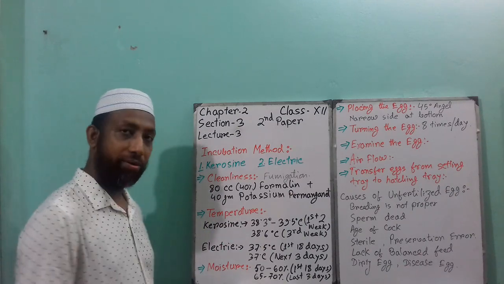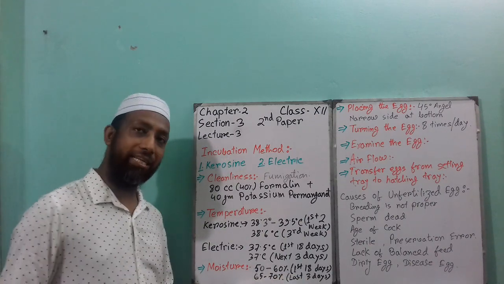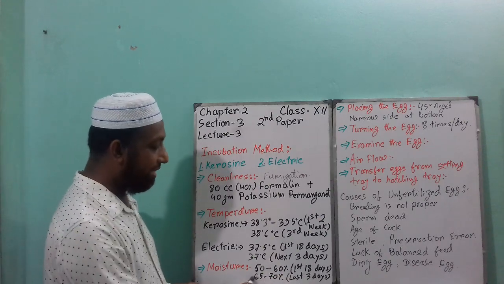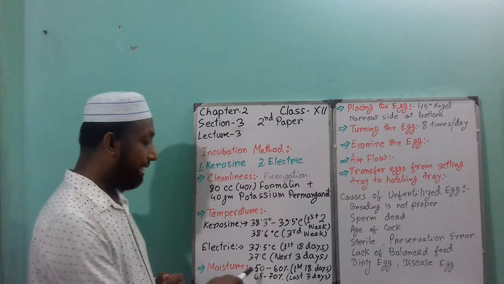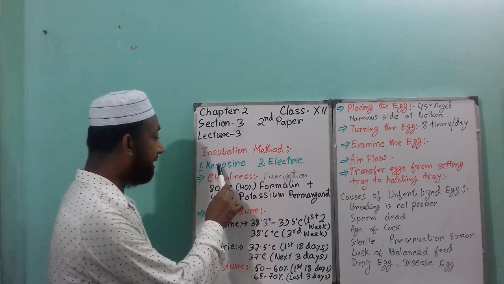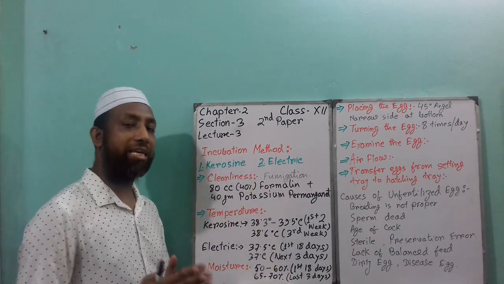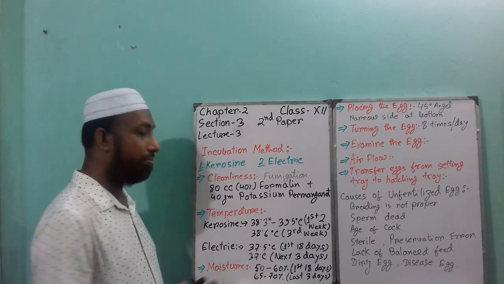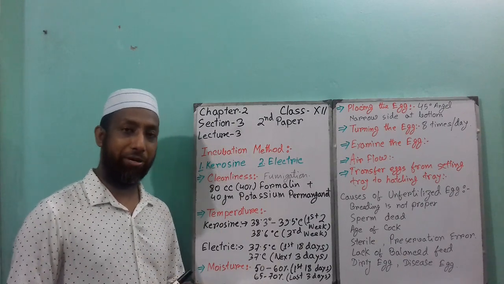What will be the moisture? The moisture will be 50 to 60 percent for the first 18 days, and 65 to 70 percent for the last 3 days. Remember that this moisture applies to both kerosene and electric incubators.